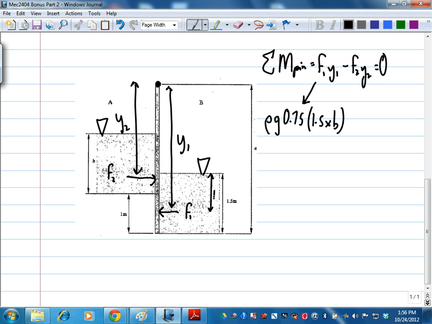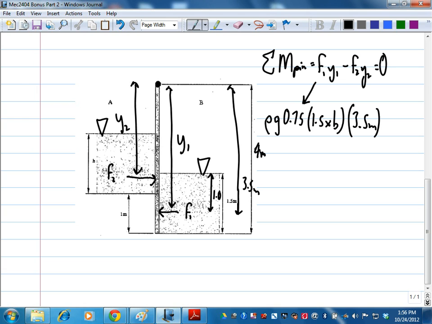From here to here is 1 meter. So here becomes 4 meters, 1 meter. This distance here would be 3.5 meters. That's the height of the centroid. On that side it is 1.5 meters, so the centroid height is 1.5 meters.